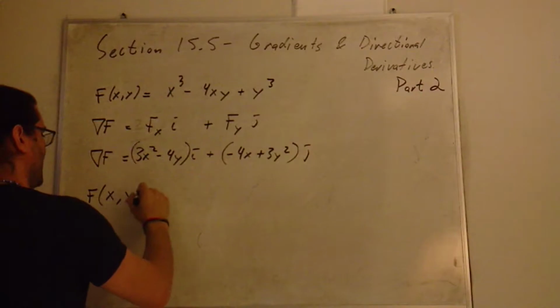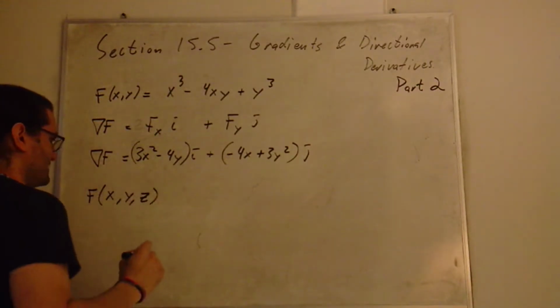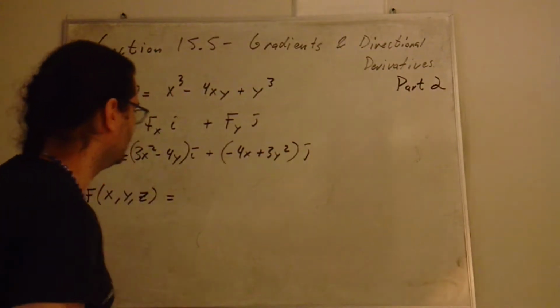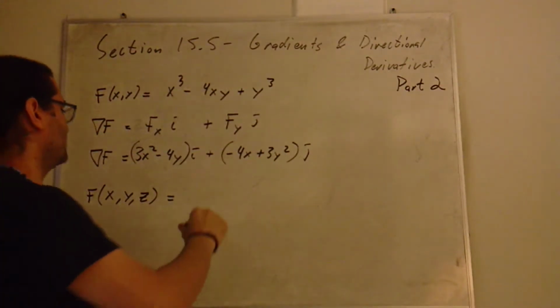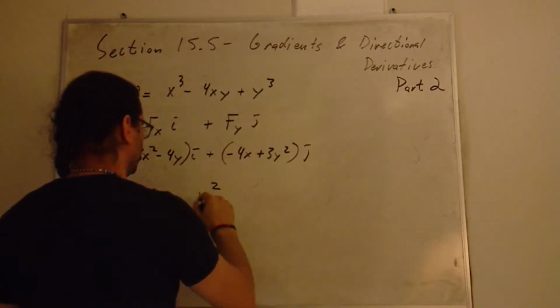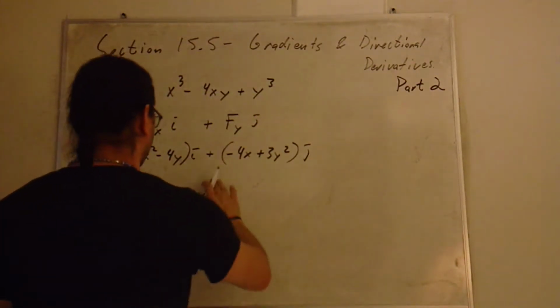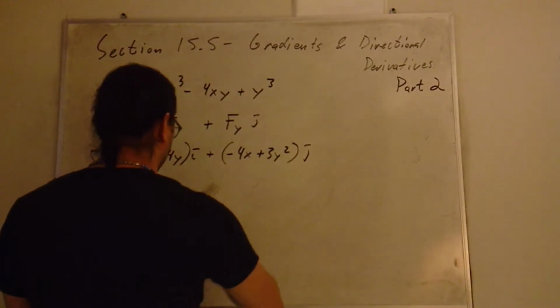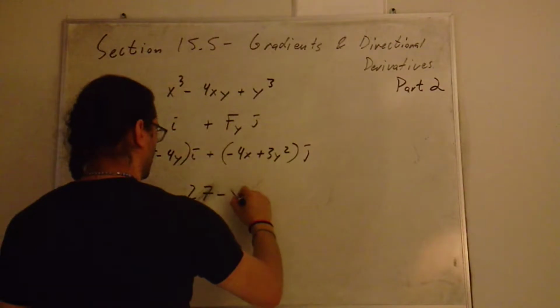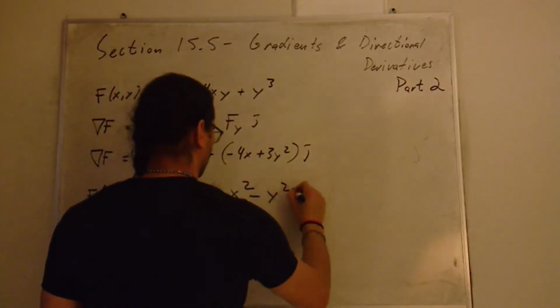Let's say f of x, y, and z is 27 minus x squared minus y squared minus z squared.